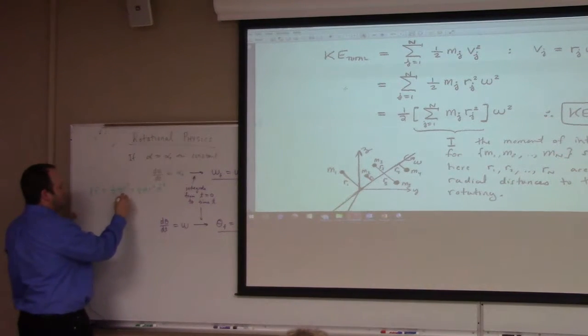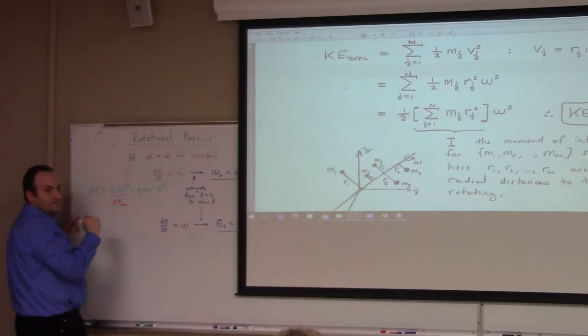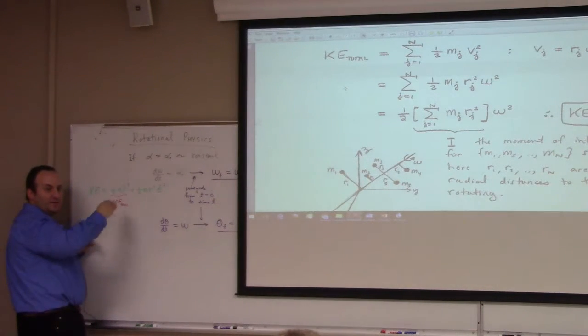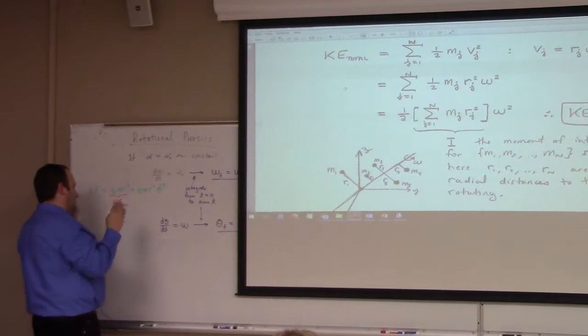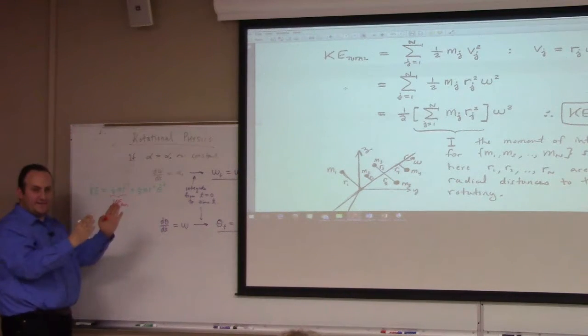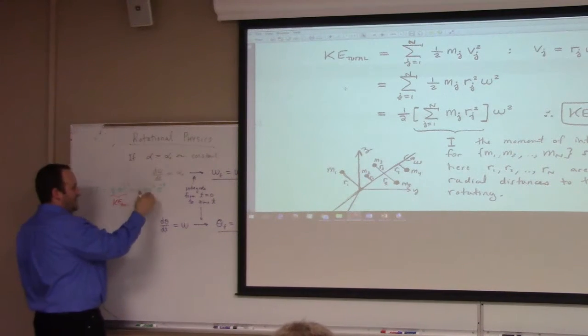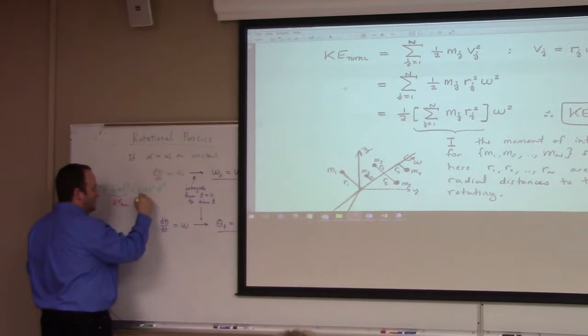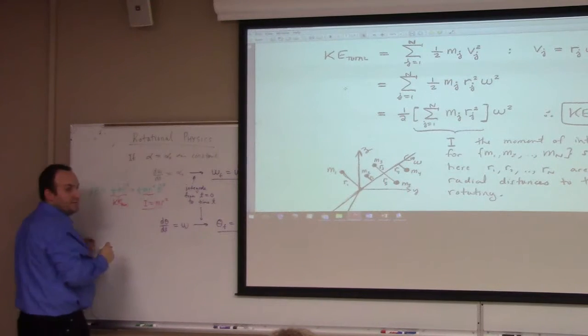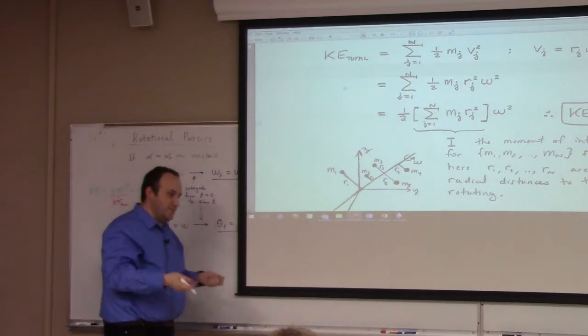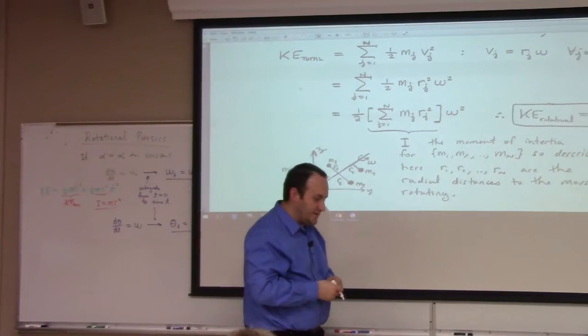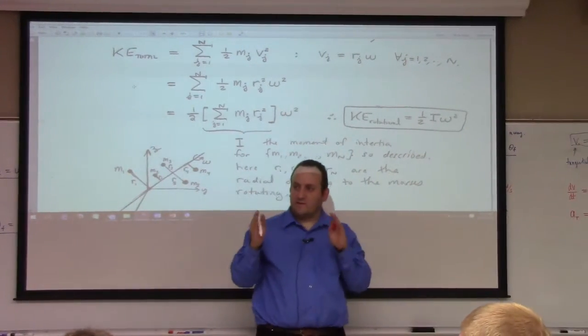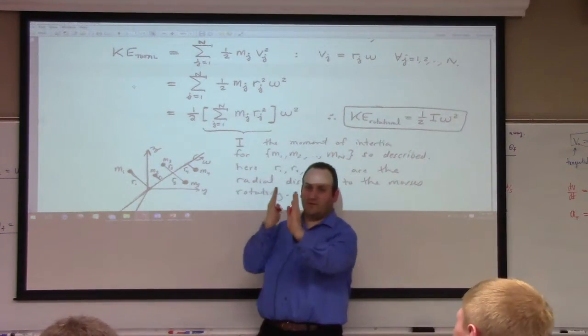This is the translational kinetic energy, which we're assuming is 0 in this discussion, since its distance from the rotation axis is not changing. But this, on the other hand, is exactly I equals m r squared. The moment of inertia for a single point mass is simply the mass times the radius squared, where the radius is the distance from where it's rotating to the axis of rotation.